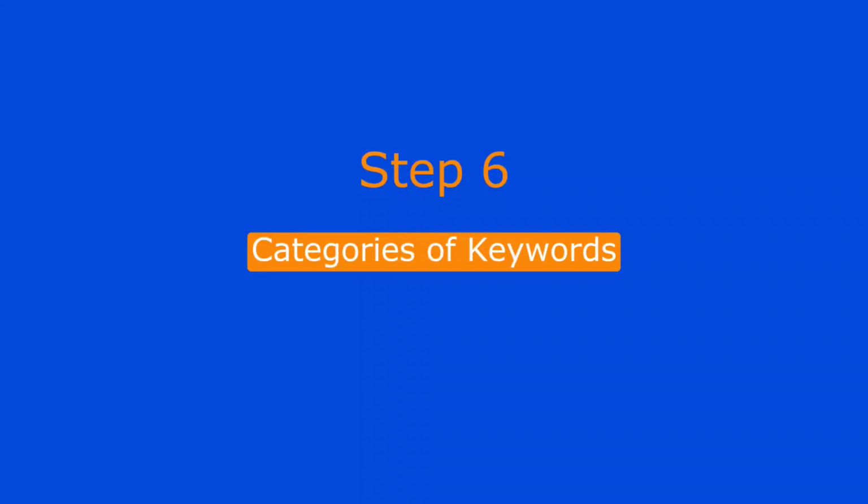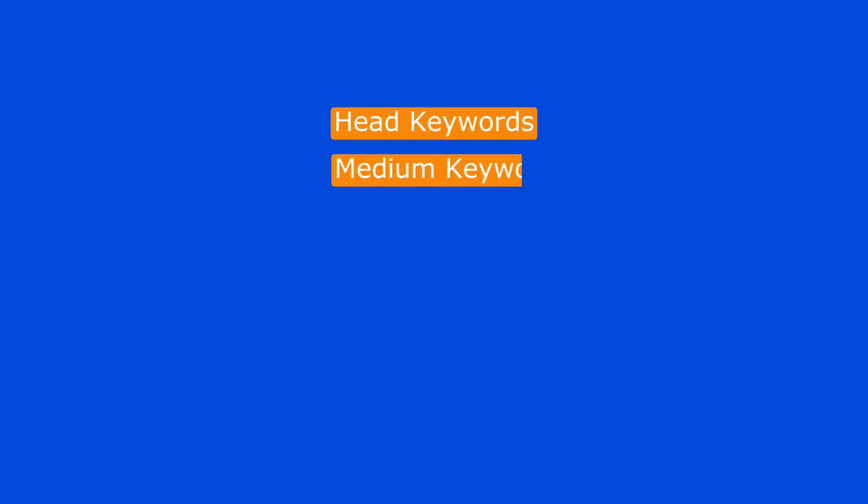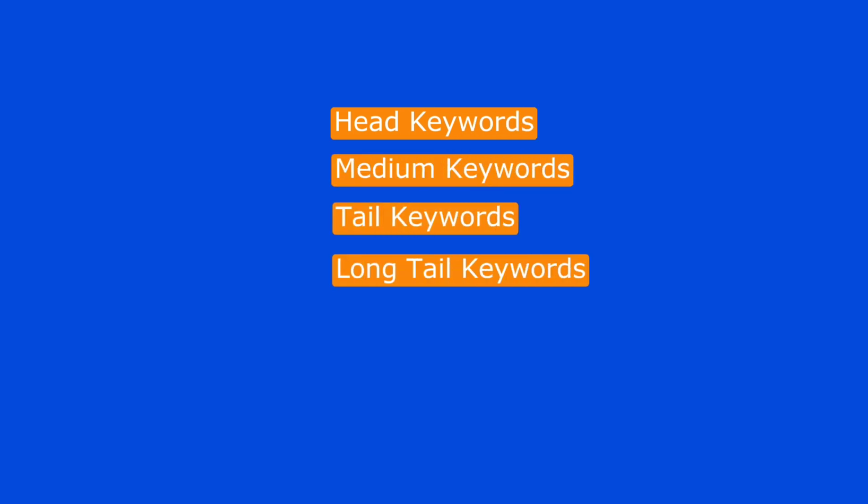Now, there are different keywords that people search for repeatedly every month. SEOs categorize keywords by volume into main buckets: head keywords, medium keywords, and long tail keywords. Head keywords are the most popular keywords on the left-hand side of this chart.